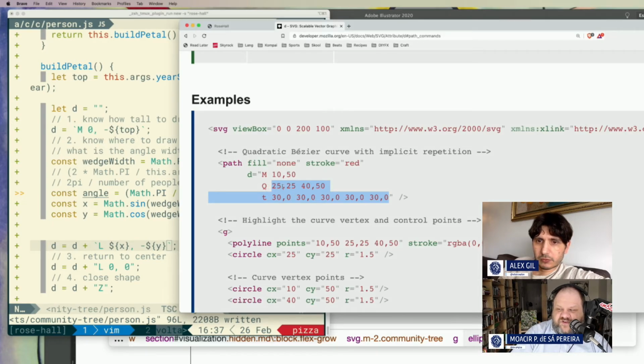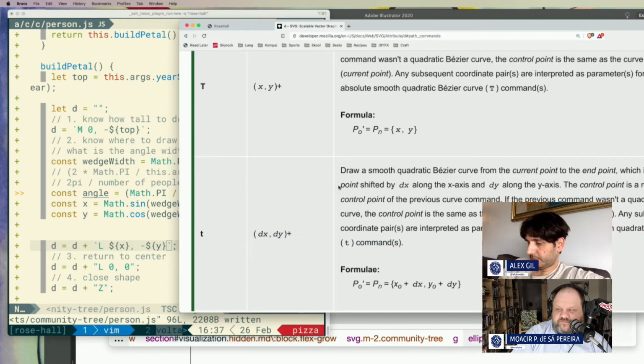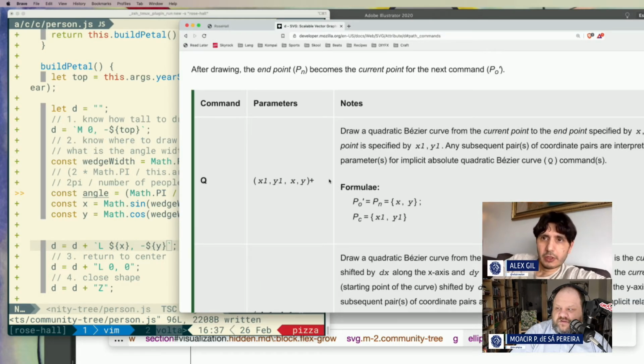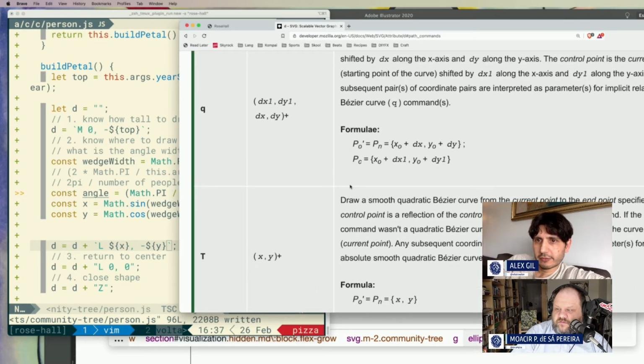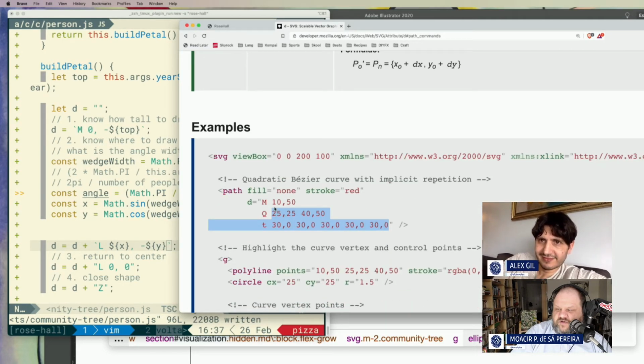Let me see what these values are because this may help solve the thing. So draw a quadratic Bezier curve from the current point to the end point specified by x, y. The control point is specified by x1, y1. So from the current point, 10 50 to 25 25.